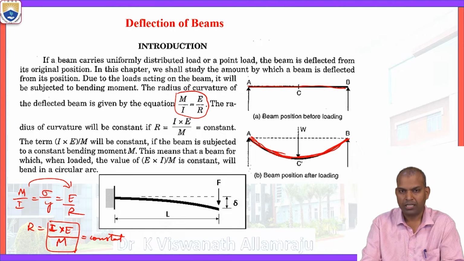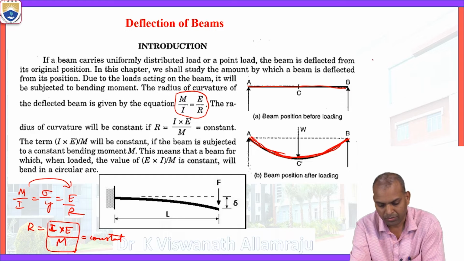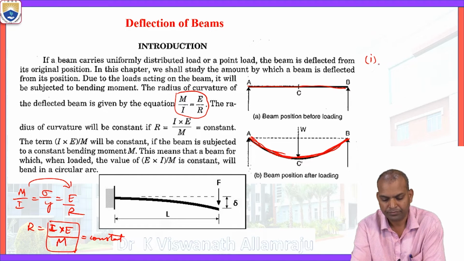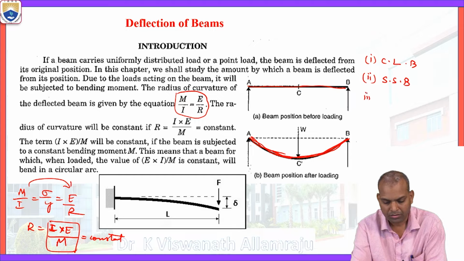So there are various types of beams. The various types of beams are here. First is cantilever beam. Another one is simply supported beam. Third one is fixed beam. And the fourth one is overhanging beam.